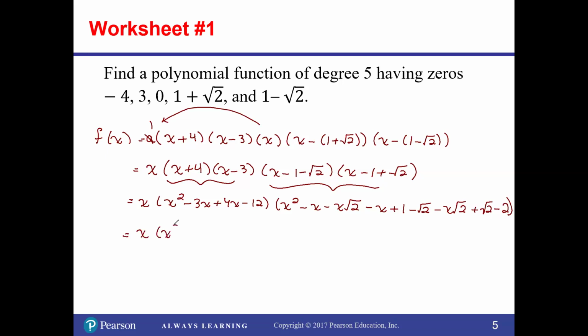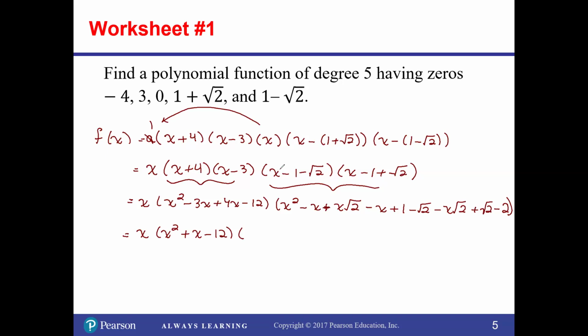So simplify. Notice what happens here because these are conjugates. Oops, that should be a plus there. Sorry, one was the wrong sign. Let me see here for a second. So we had x times, yes, this is plus.